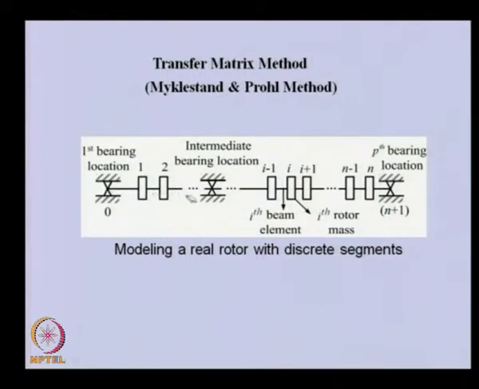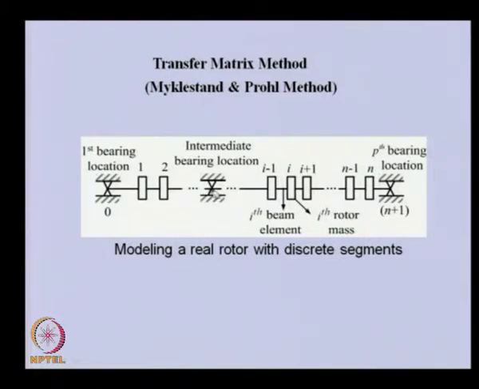Now, for developing the point matrix or field matrix, we need to take out a representative beam segment or rotor segment, and from the free body diagram of that we will derive the field matrix and point matrix for these segments. For supports, we will have a separate treatment, because the support will give some unknown reactions.